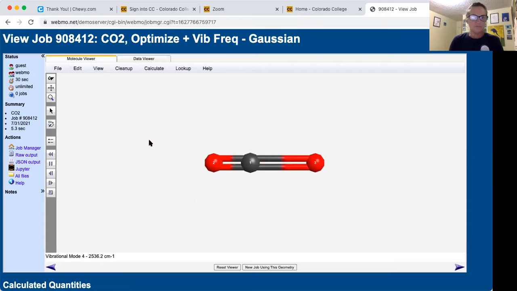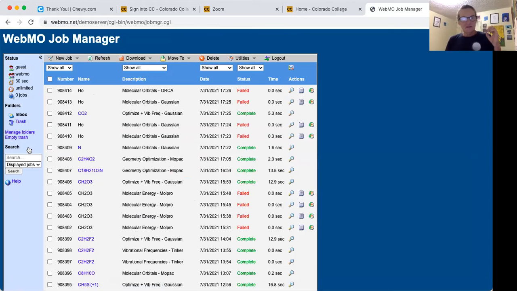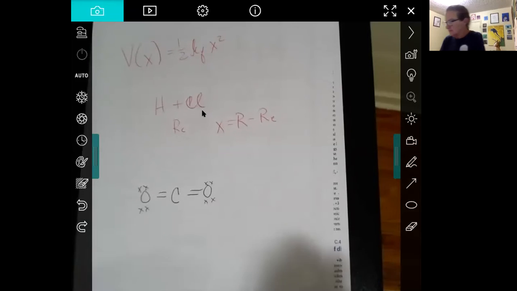So that just allows you to look and actually make sense out of the fact that the dipole moment has to be changing. So some of the modes are active in CO2, but not all of them.